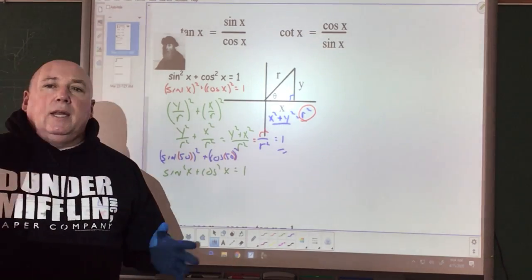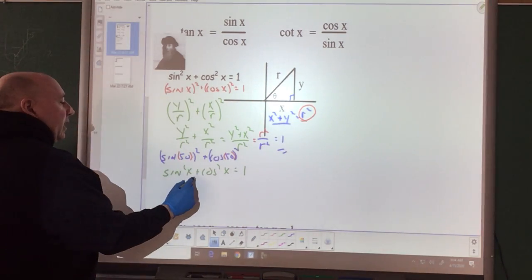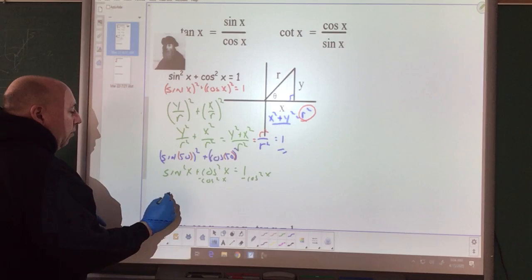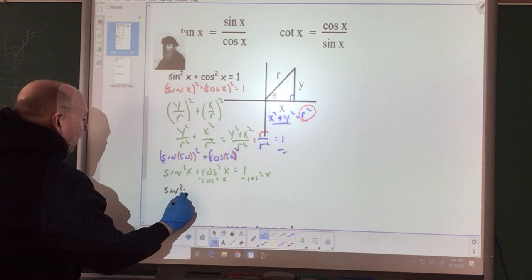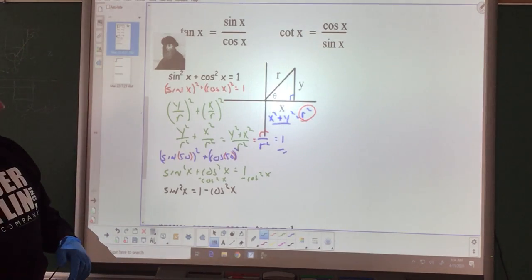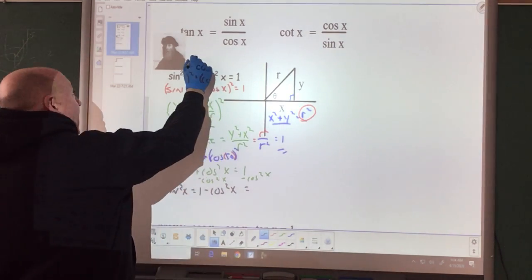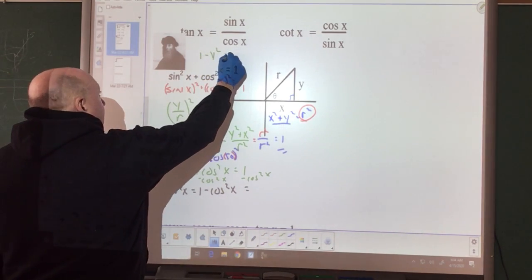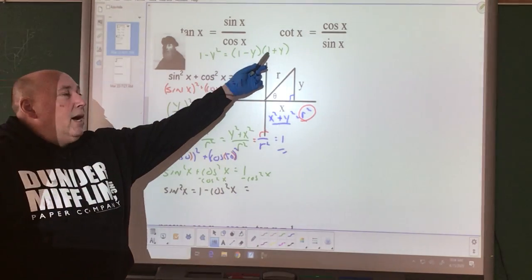And this will be utilized when you get into upper level mathematics and you get into the calculus. But if I subtract cosine squared from both sides, another way of writing this would be sine squared of x is equal to 1 minus cosine squared of x, which, if you use some algebraic skills, if I had 1 minus y squared and I ask you to factor that, this would factor into 1 minus y and 1 plus y.